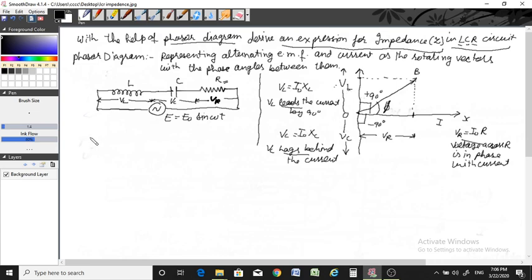Suppose that the net reactive voltage is VL minus VC if VL is greater than VC, and it can also be VC minus VL if the value of VC is greater than the value of VL.